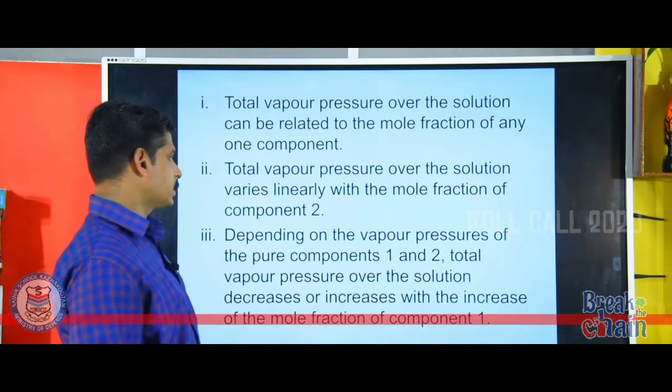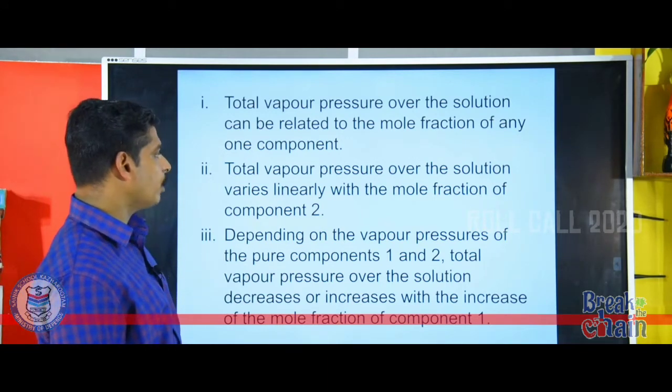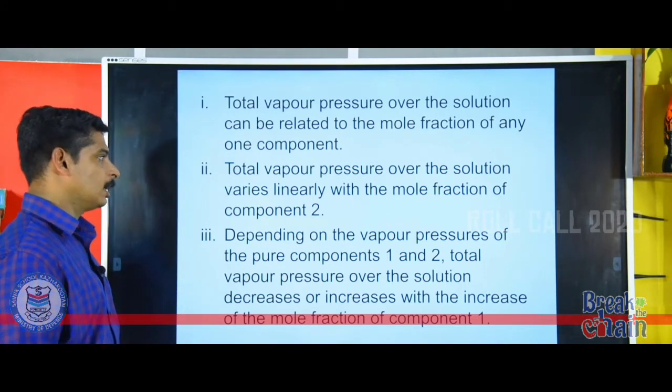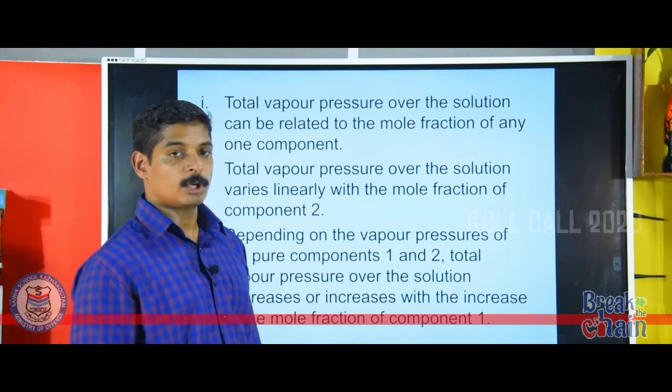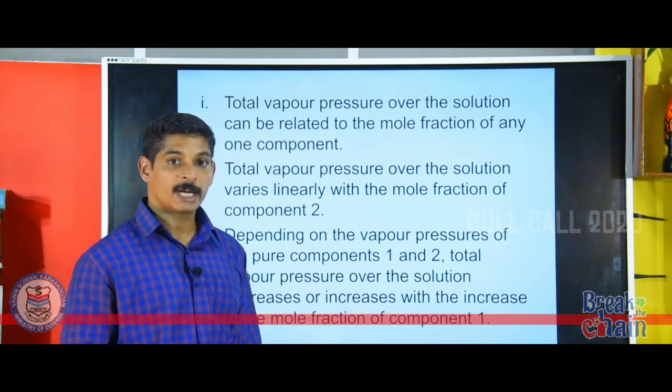What is the second conclusion? The total vapor pressure over the solution varies linearly with the mole fraction of component 2, because we have expressed the total vapor pressure in terms of Chi2.